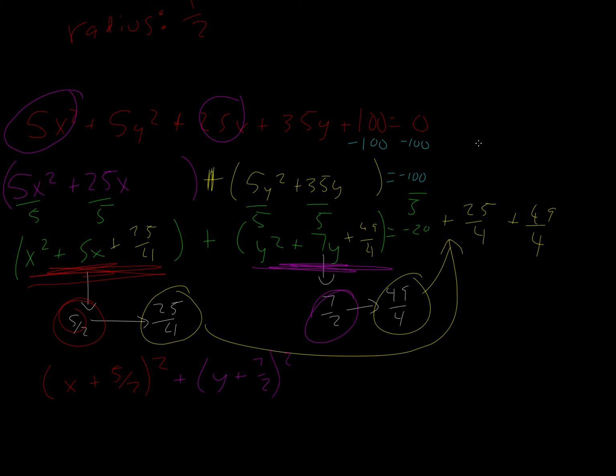And then, I know it's hard to see right here, but I'm going to add all of this together. So these are both over 4. So if I multiply this by 4, I get negative 80 fourths plus 25 fourths plus 49 fourths.